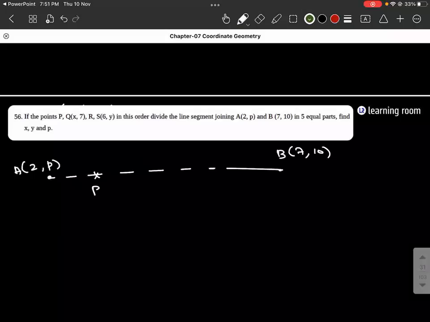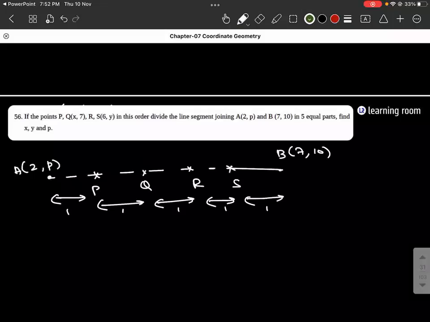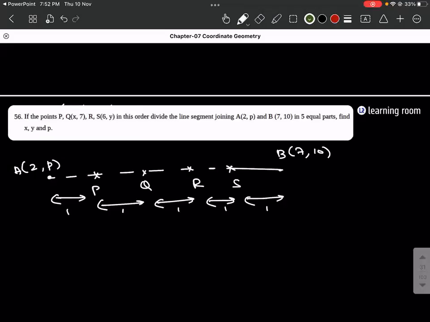If I take these points to be P, Q, R, S dividing AB into 5 equal parts, then Q is (X, 7) and S is (6, Y). Now our job is to find X, Y, and P. Will you be able to do that?